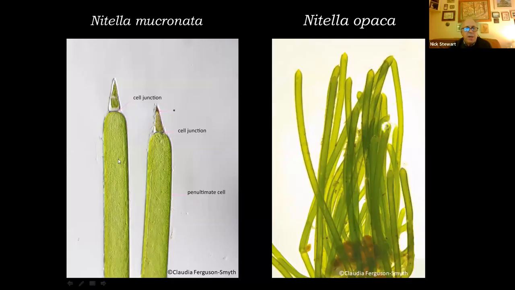And sometimes there will actually be another cell division just a little bit back, so there will be 3 cells. So if you find one of these Nitellas with these extra cells at the tip, then start thinking about Nitella mucronata.